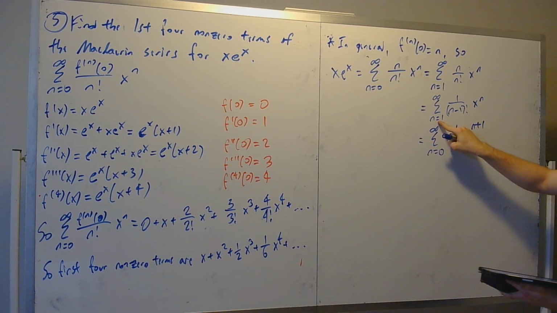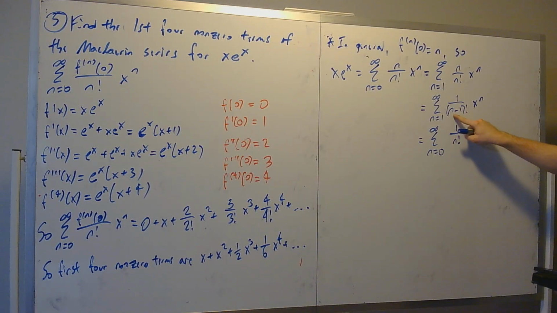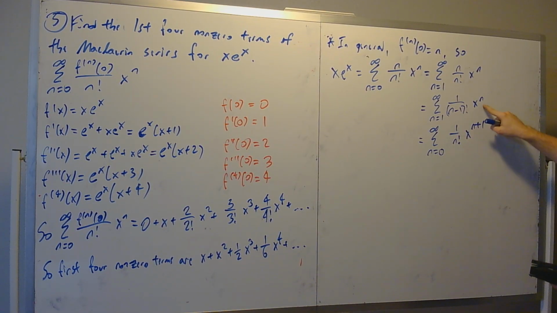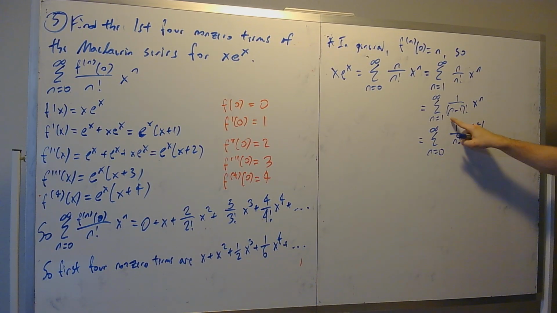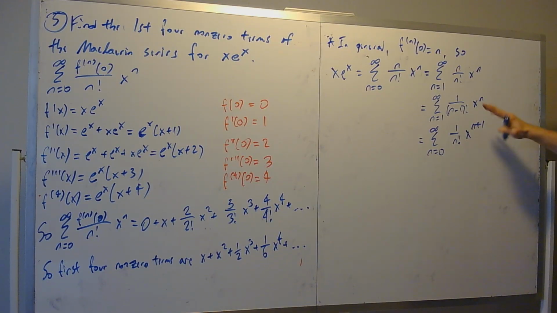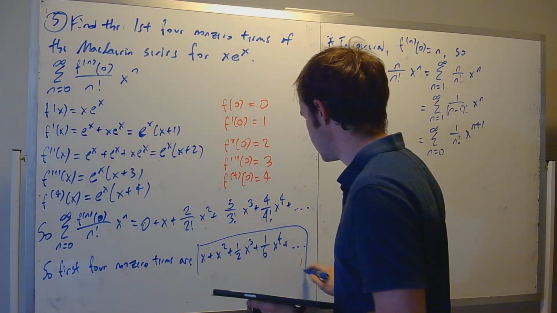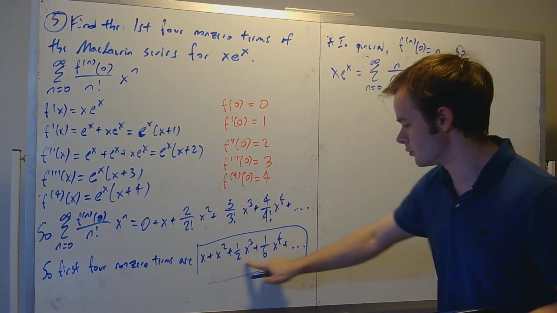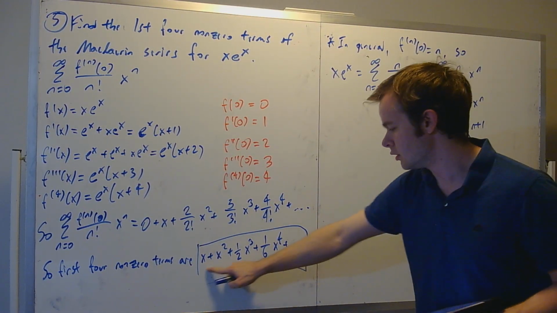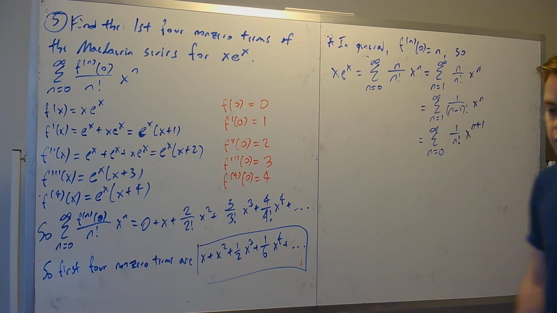Right, so if we reduce this by 1, then all we have to do is increase these numbers for n by 1 as well. Then this is actually the same as this sum. So that's a bit fancy, you don't have to do all that, but the takeaway is that this is our answer. Right, our first four non-zero terms are these four terms right here. That'd be our answer.